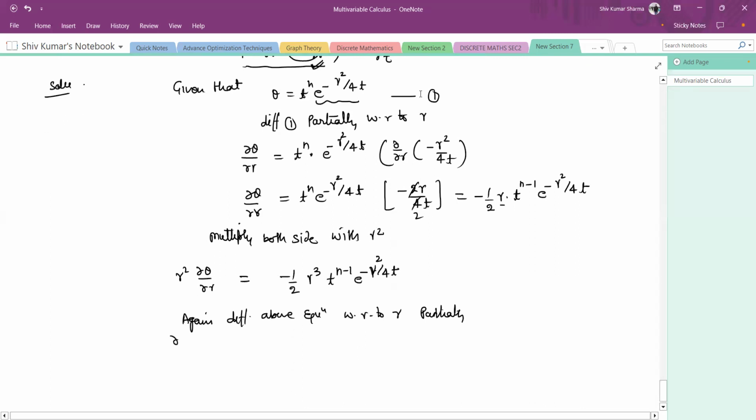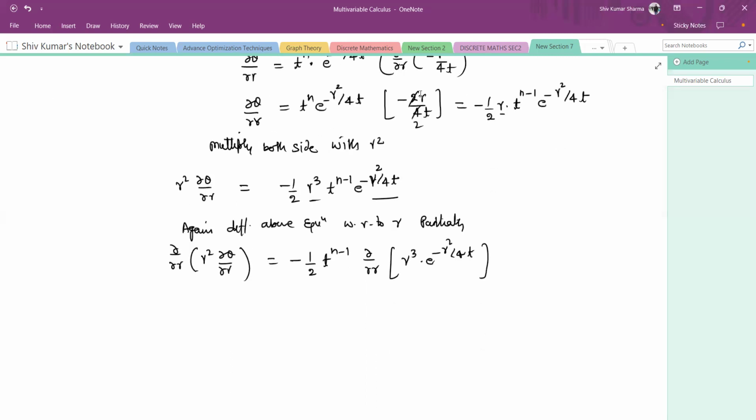Okay, so we write this as del upon del r into r square del theta upon del r is equal to, so we take minus 1 by 2 into t raised to the power minus 1 as a constant, so we take it outside, and for the derivative we take r terms only. So r cube e raised to the power minus r square upon 4t. Okay, so we differentiate this with respect to r.